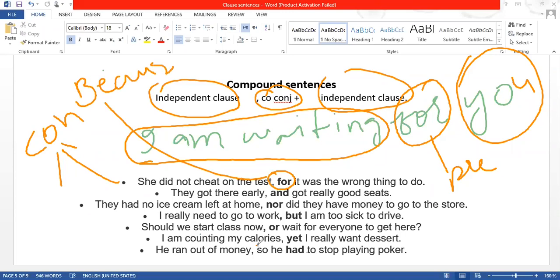So because is also a conjunction, but it is not a coordinating conjunction. Again, it is a little bit confusing. Some say it is a coordinating conjunction, while some say it is a subordinating conjunction. Now, the difference is that there is a grammatical rule that you cannot start a sentence with a coordinating conjunction.